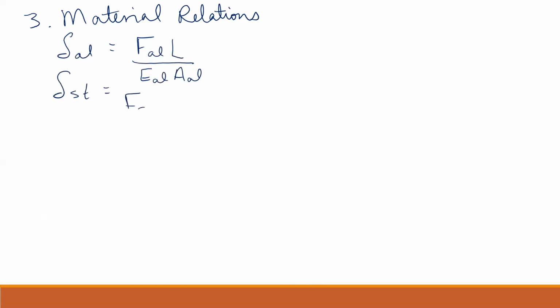I'm just using a single L variable because they both have the same length. At this point, we've written out all of our equations and we should be able to solve.